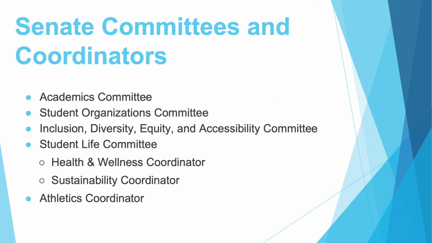So the various Senate committees that we have are the Academics Committee, the Student Organizations Committee, the Inclusion, Diversity, Equity, and Accessibility Committee, and the Student Life Committee. So these are the standing committees that we have. And there are also 3 coordinators, the Health and Wellness Coordinator, Sustainability Coordinator, and Athletics Coordinator. And so they exist as well. Health and Wellness and Sustainability fall under the Student Life Committee.